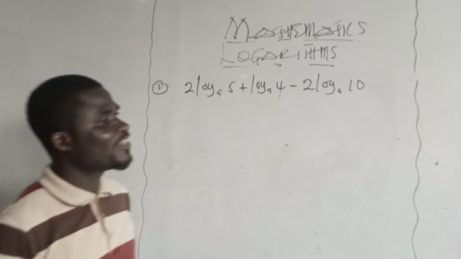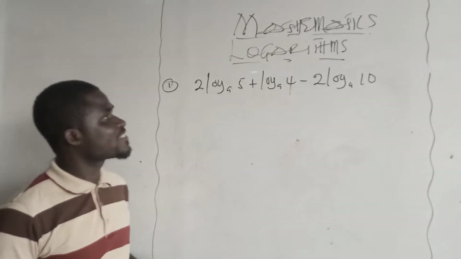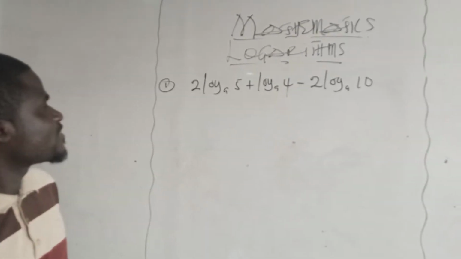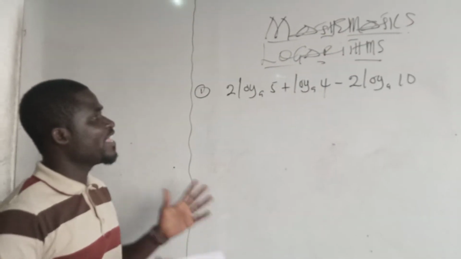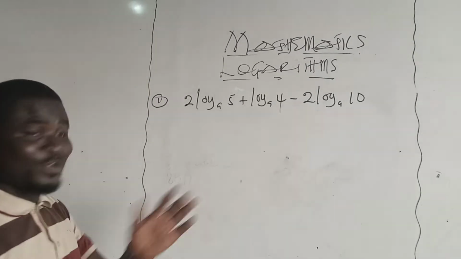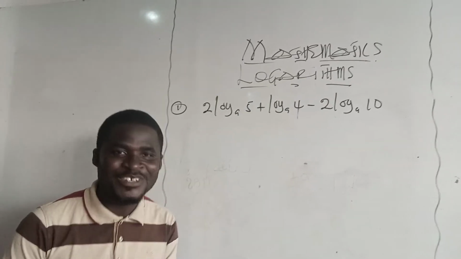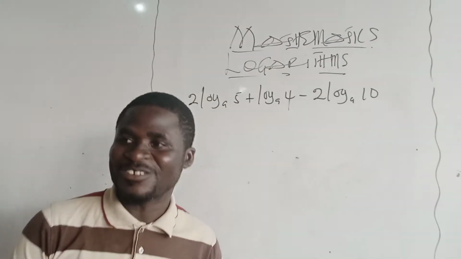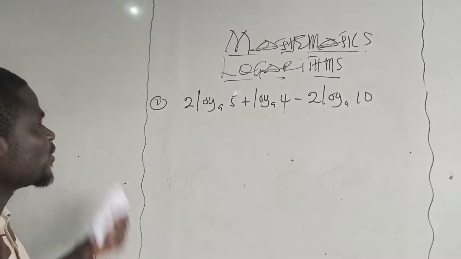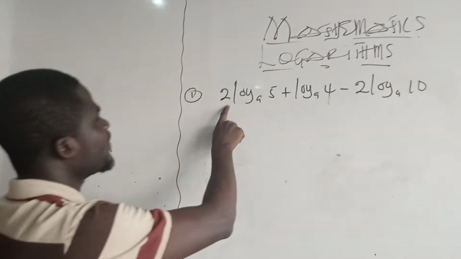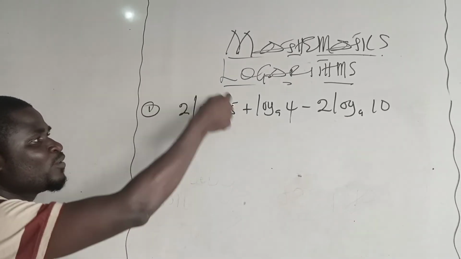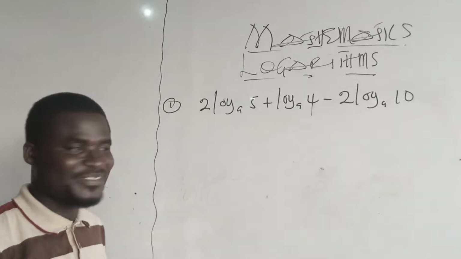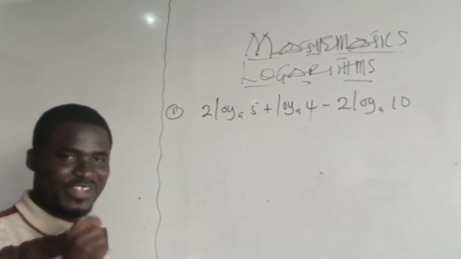Okay, now I'm going to solve more questions under the laws. So this is our first question. It's a combination of law 1 and law 2. So let's see how to handle it. Okay, good. It's very easy. Now let's go. Now we have a power in front of the log, and this power belongs to the 5. So let's send it back to the 5.